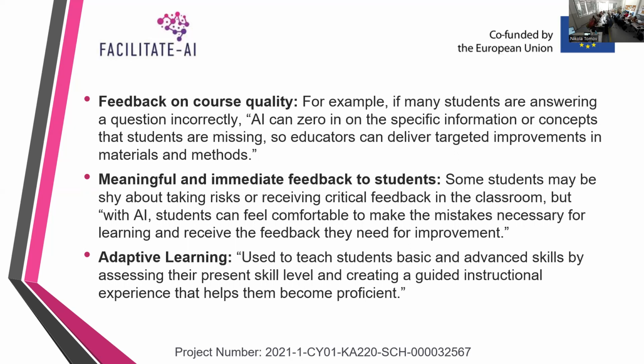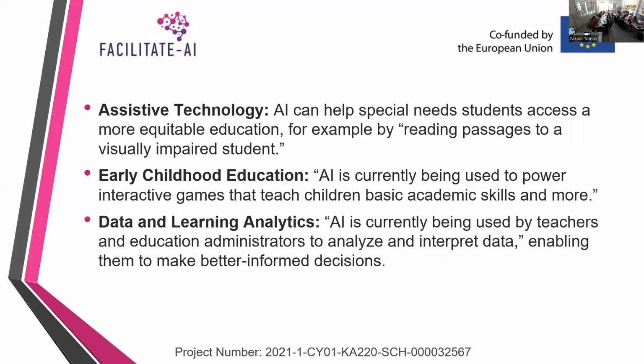Adaptive learning is almost the same. We can adapt our curriculum and our textbooks to the needs of the students or maybe to the needs of the other teachers. We have assistive technology that can help us with kids with special needs, because they're even more different than us and other students.